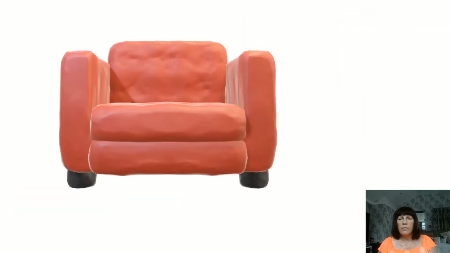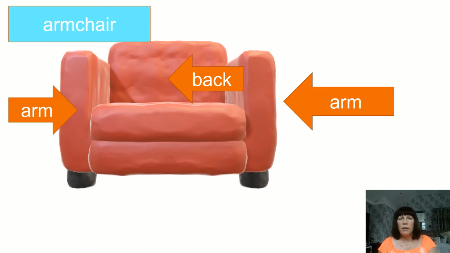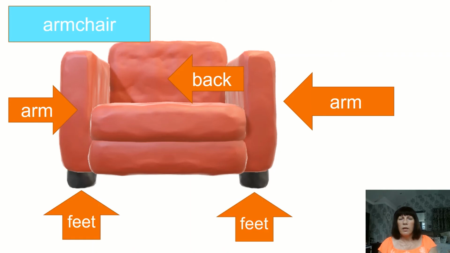This, remember, yes, it's an armchair. So, armchair. This is the back of the armchair, the arms of the armchair, the feet of the armchair, the seat, and the base.